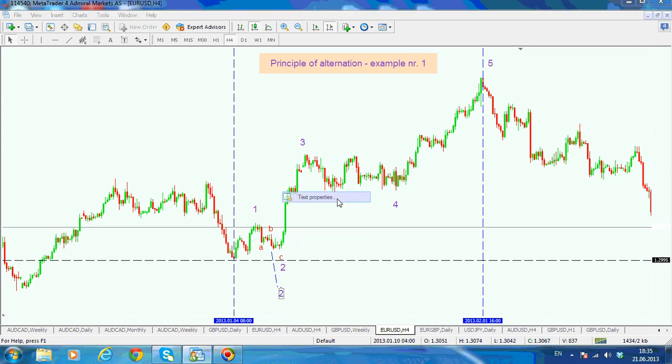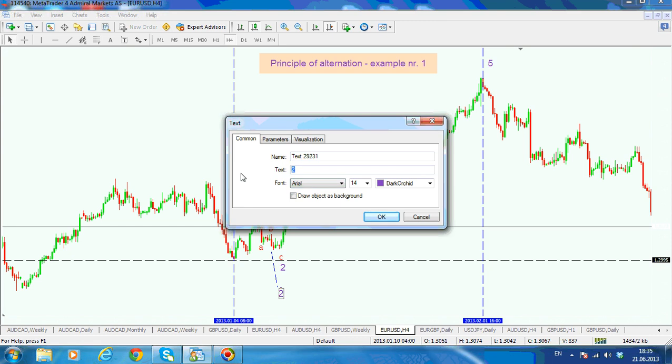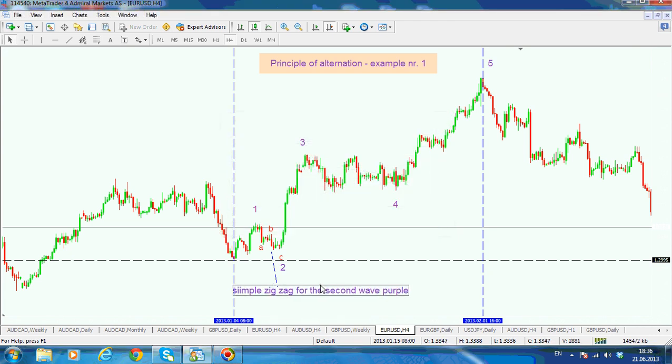So we say here that this is a zig or simple zigzag for the second wave total. And this simple zigzag, let me make this one smaller.